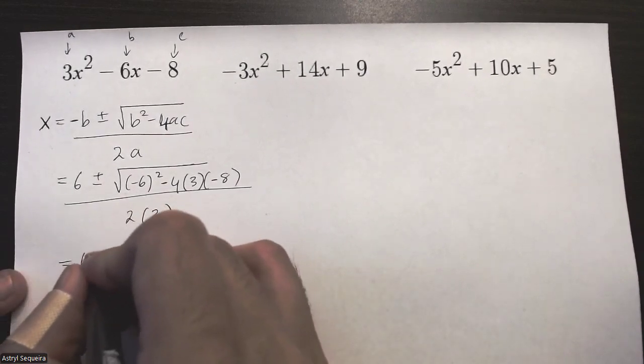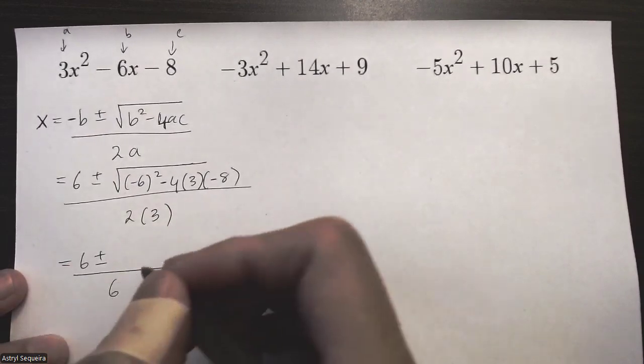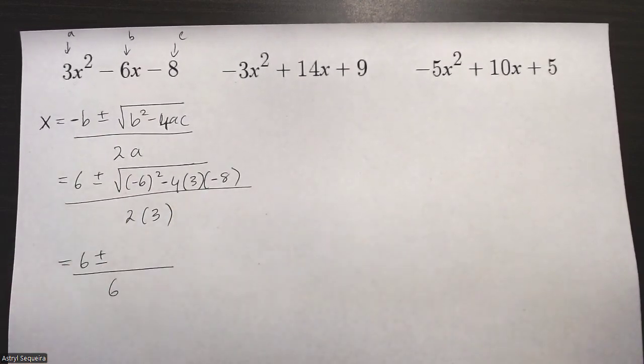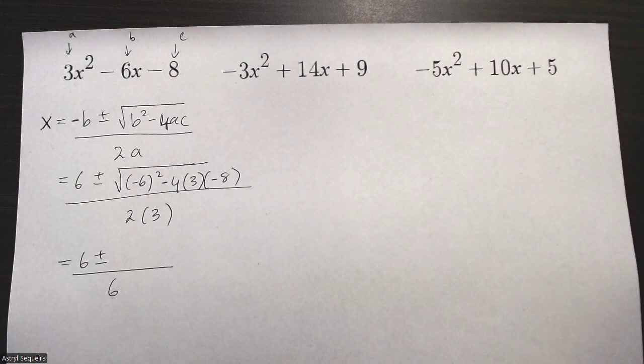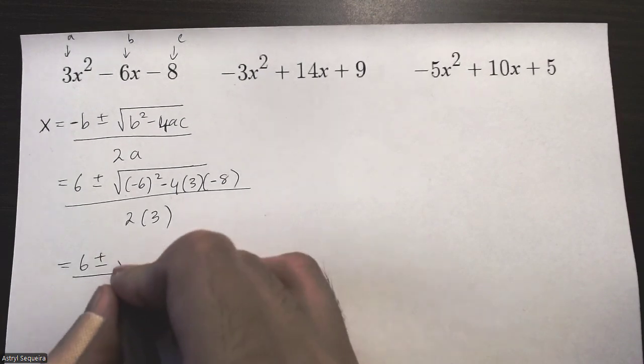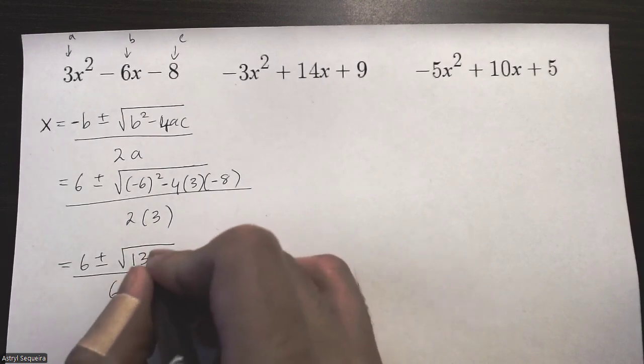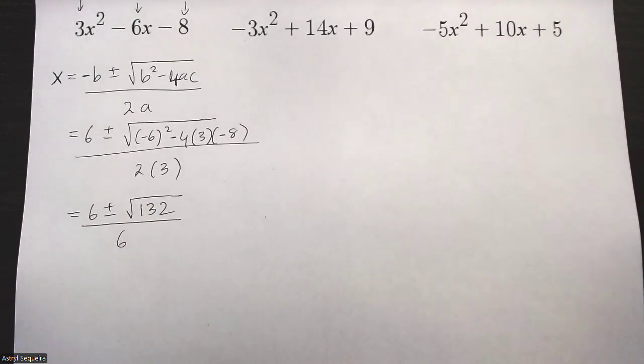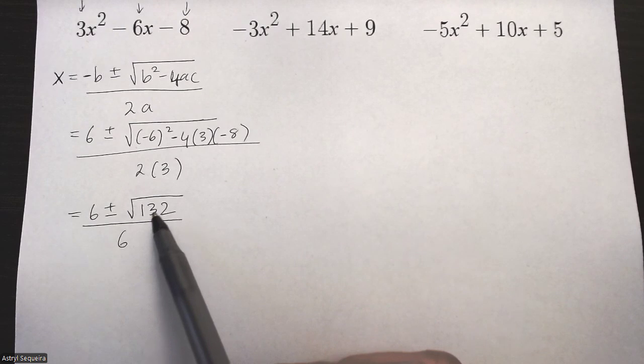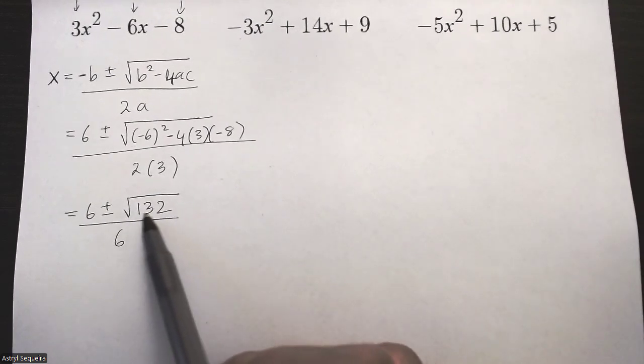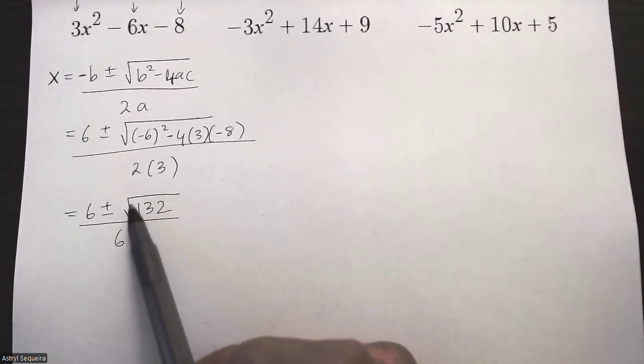Let's simplify this a bit. So I'll do that in my calculator. And I get a root 132 in here. So now I have to simplify this. In order to simplify it, I need to see whether I can simplify this square root or not.